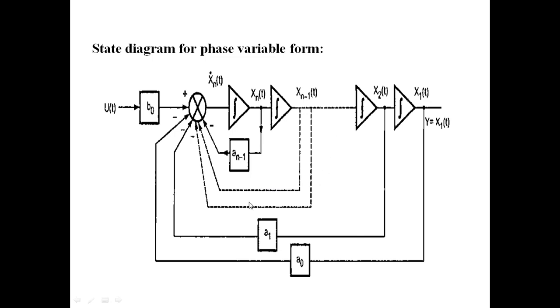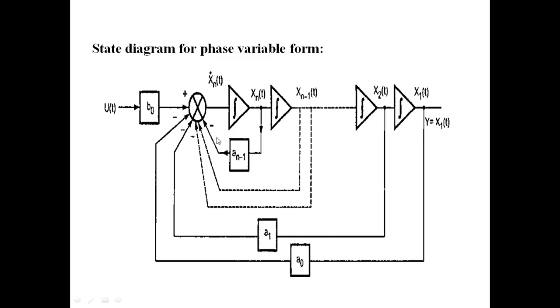So here x2 of t means there must be x2 dash of t present here. Here x2 dash of t is nothing but x1 dash of t for this integrator input. The output of this integrator is x1 of t, and it should be multiplied with a constant or scalar term a naught, which is given to the adder. The final one is the output, that is y of t, which is x1 of t. This is how we can represent a phase variable by using a state diagram.